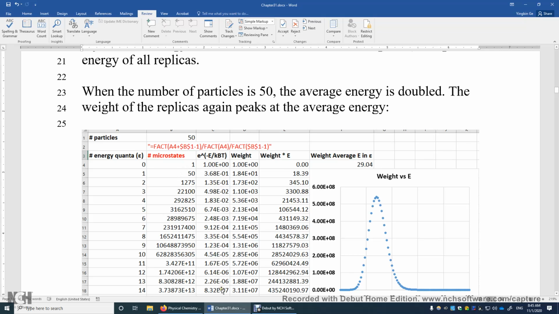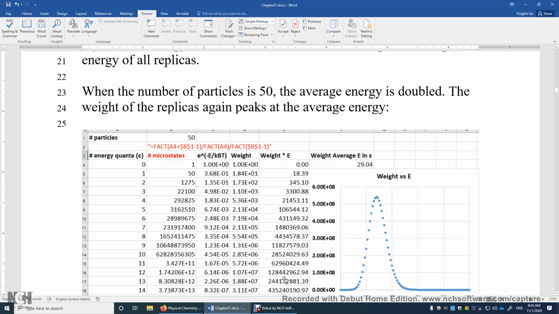Over here, this is the Boltzmann distribution function. As you can see, this function decreases as the energy of the replica increases. This is the weight. The weight is simply this number times this number. You get this number. So this is weight. And then again, this is just weight times the energy of the replica.